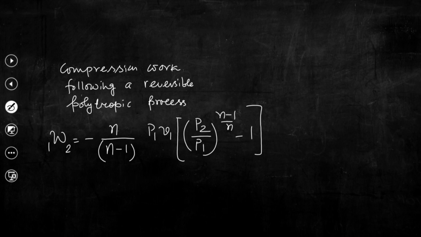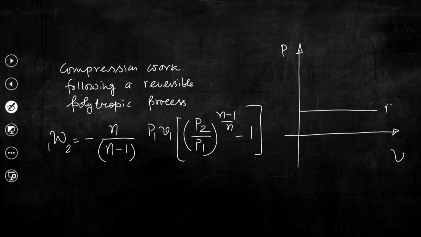So, this is the PV plane, and if we assume the compression process between two pressures, P equal to P1 and P equal to P2.